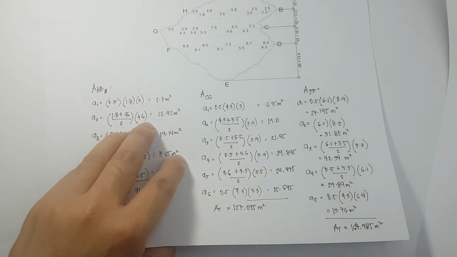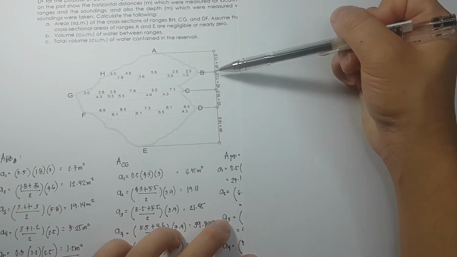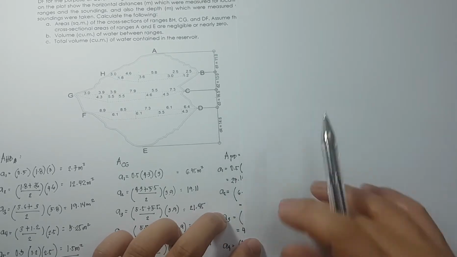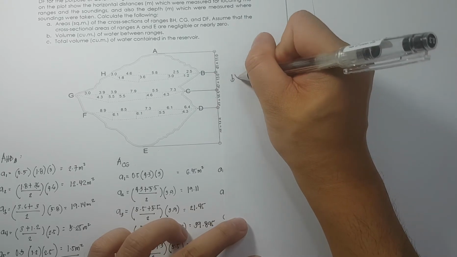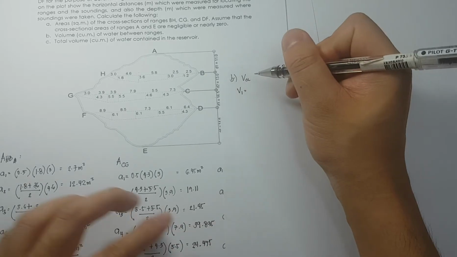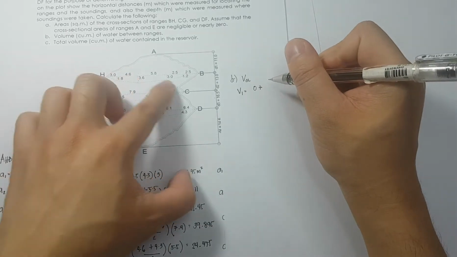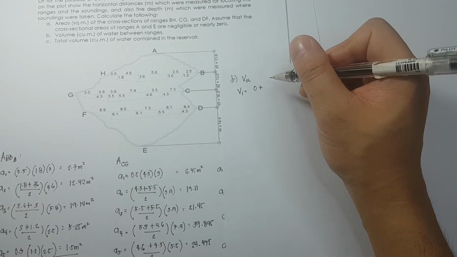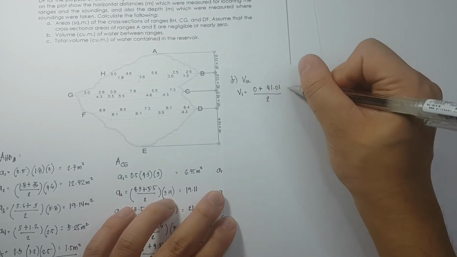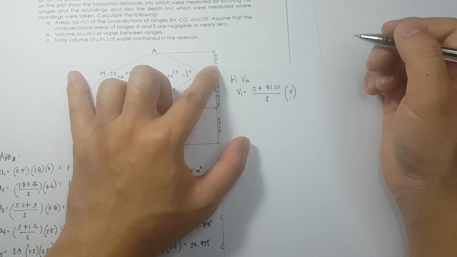Okay, so how are we going to do so? For the volume between the ranges, this is the first range, this is the second range, this is the third range, and this is the fourth range. Now for letter B, volume 1, we have the area of the first plus the area of the second cross section, and that is area HB, 41.01, divided by 2 times the length of 11 meters.